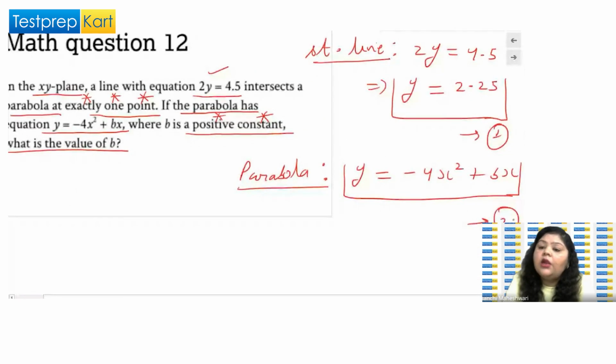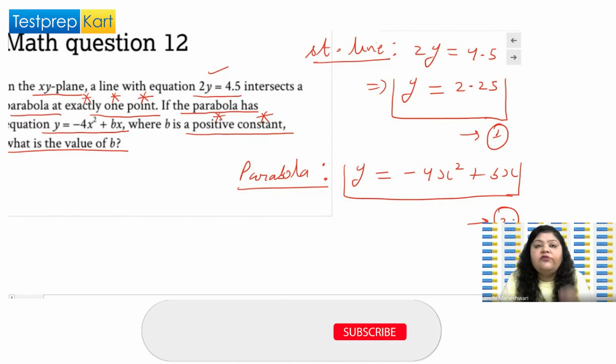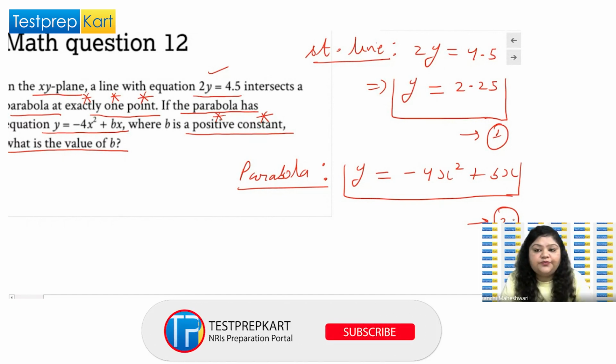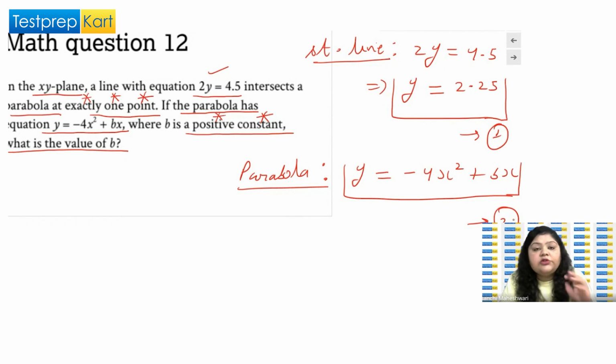Okay, now the question is saying these two curves will intersect at only one single point. Okay, so if it is so, can't I say for that point of intersection, the equation of these two curves would be same, isn't it? Of course, because they are intersecting at that point. That means for that point of intersection, both of them will satisfy the same equation.